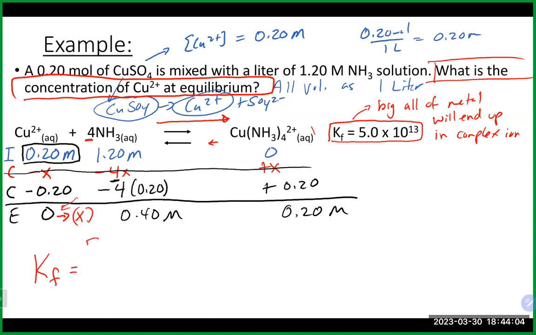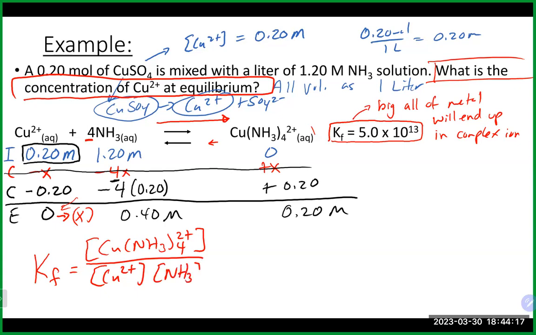The KF in this case would be our products divided by our reactants. And once again, do not forget that you still need to take that guy to the 4th power. Going to equal our 5 times 10 to the 13.